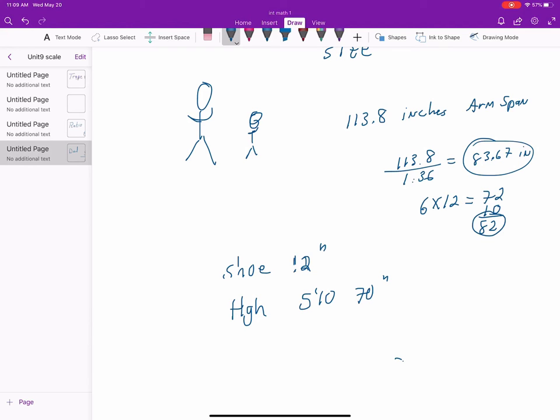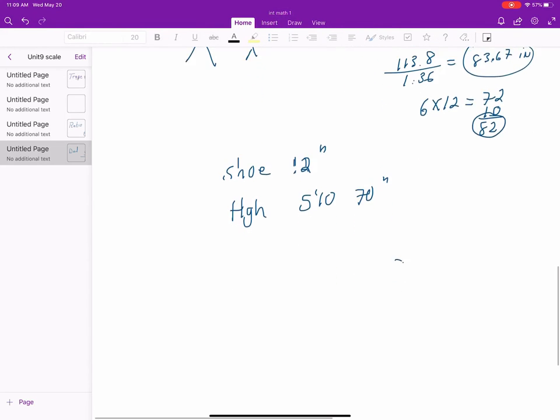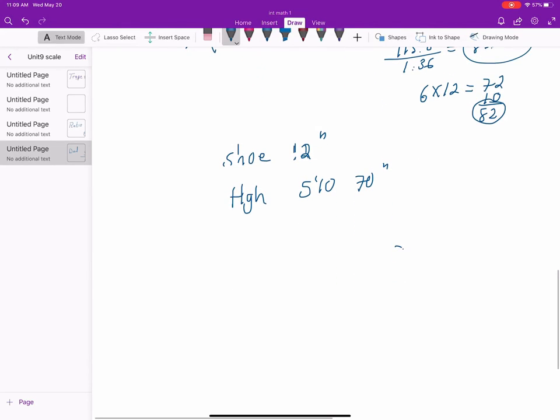So if I want to check to see if I'm similar or not to Robert, then what I would have to do is find our scale factor. I'm going to go my height over my shoe. I want to take 70 and divide it by 12, and I get 5.83.